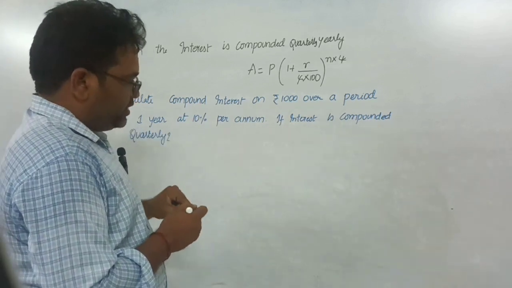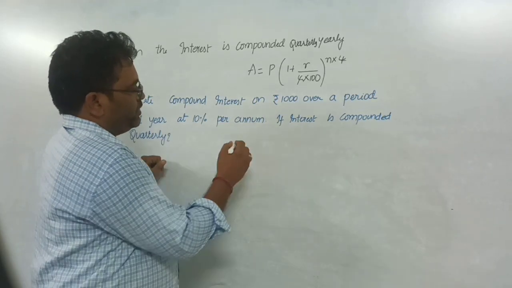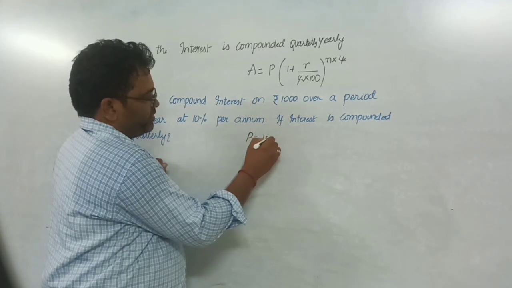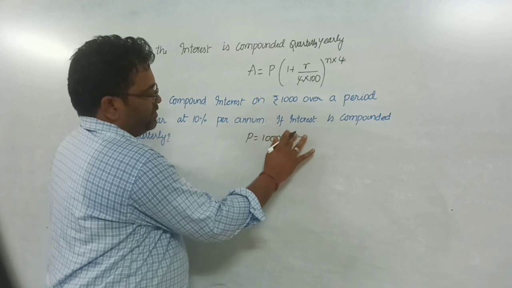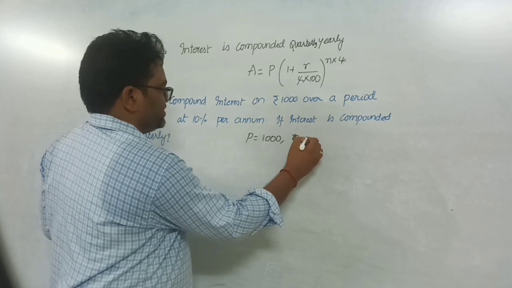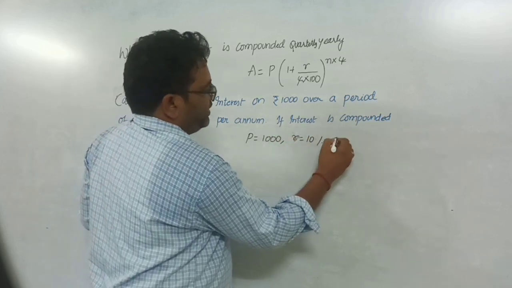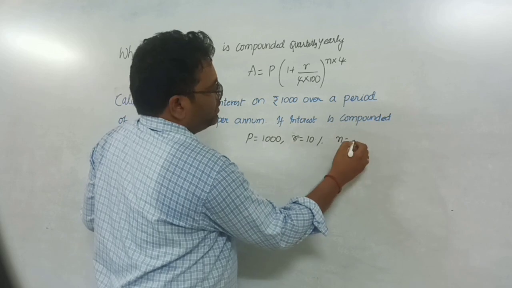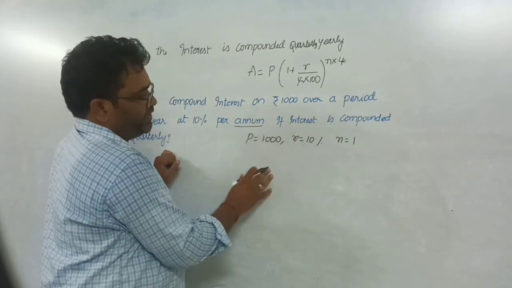So this is the formula for compounding quarterly. Here P is equal to 1000, R is given as 10%, and n is equal to 1. Per annum is 1 year.